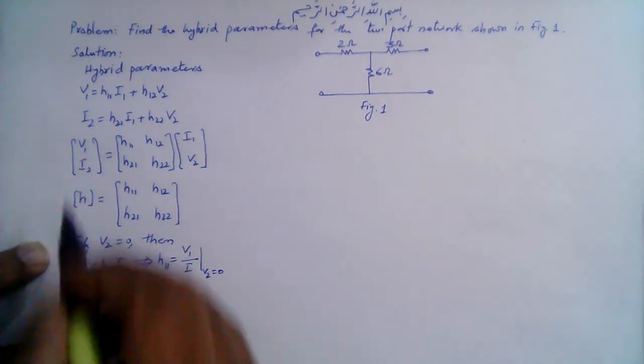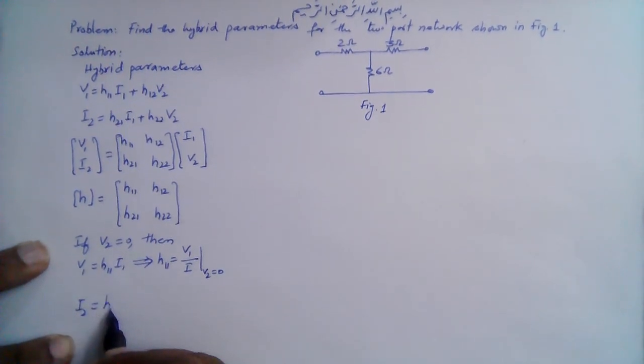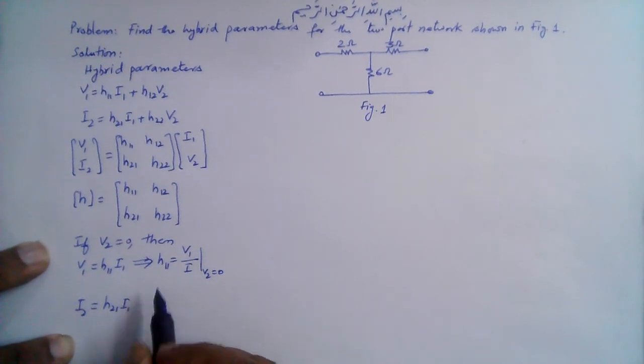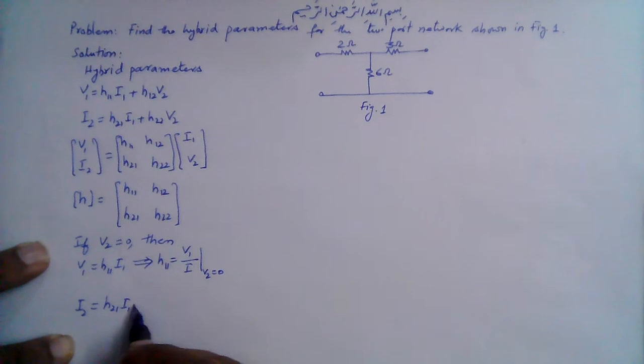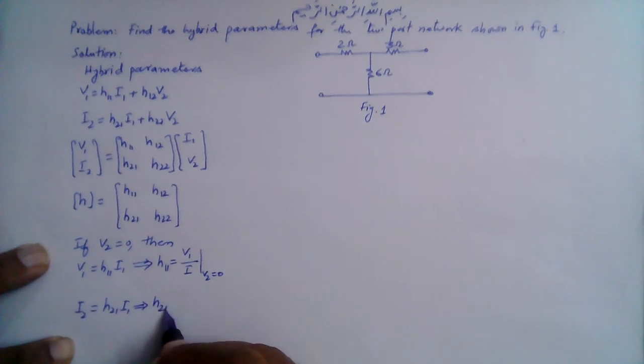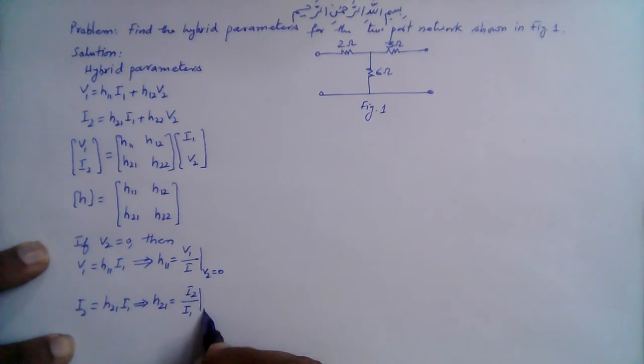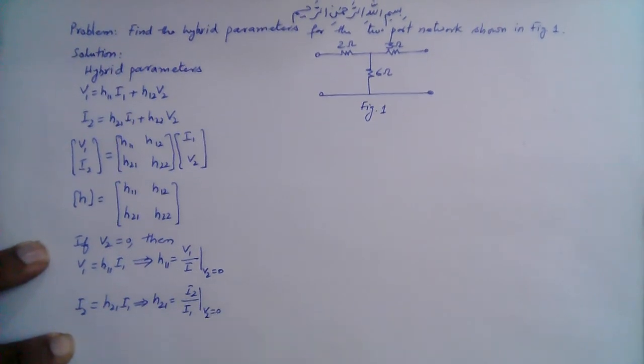And similarly, when V2 is equal to 0, I2 is equal to H21 I1, right? And this term is 0. And then we have H21 is equal to I2 divided by I1 while V2 is equal to 0.